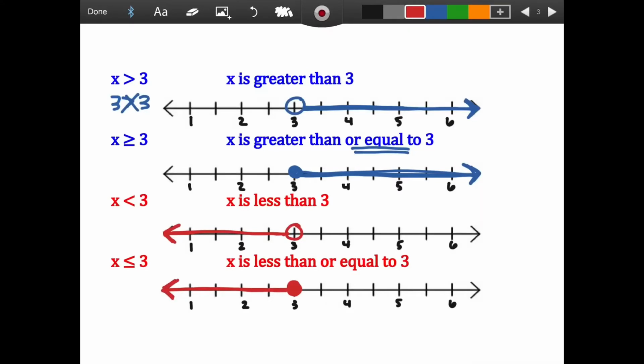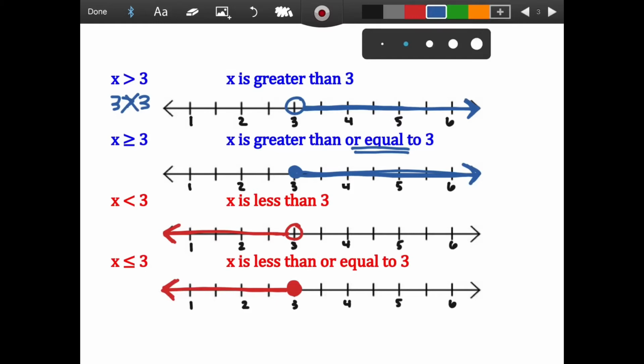So any value that you pick out in your shaded solution will make your inequality true. Just make sure for greater than or less than, you have an open circle, and for greater than or equal to and less than or equal to, you have a closed circle. And you'll notice when you're looking at your inequality written with a symbol, the symbol is going to point in the direction that you should be shading, as long as your variable is on the left.